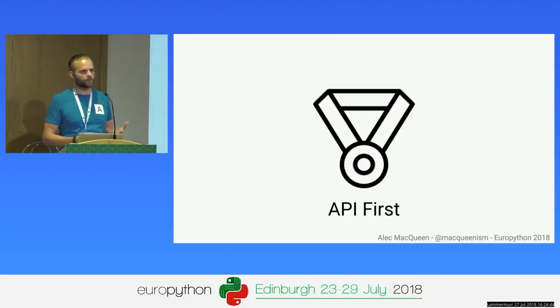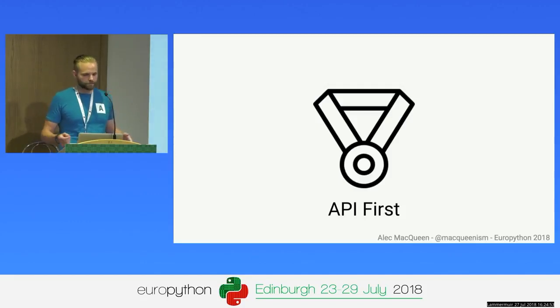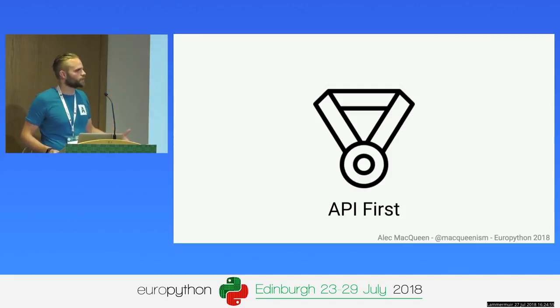So this is the thing we think about first. This is the thing that's most important to us. You might say that your product is your web interface or your mobile application. But for us at Administrate, we're building a platform, which means that we need our customers and third parties to be able to integrate with us really easily. So our API is our product.